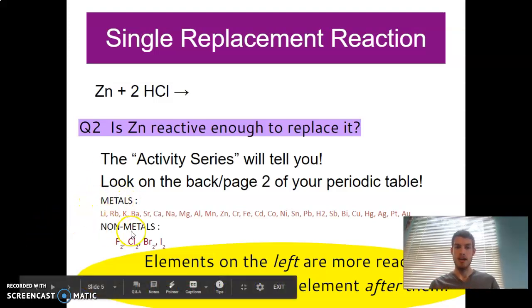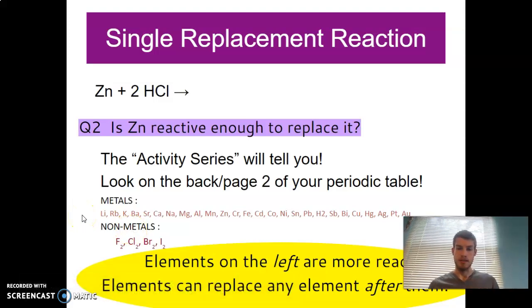It has a list of metals and it has a list of nonmetals. Just like that. And basically, the rule that we're going to go with here is that elements to the left on the activity series are more reactive than elements that are farther to the right.